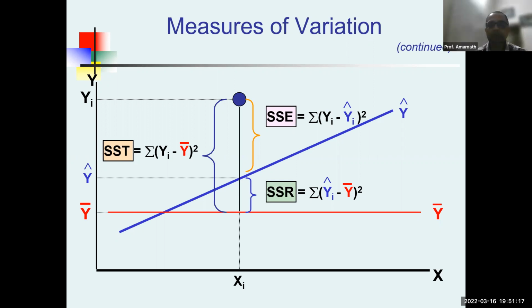The y hat, the blue line, is the line of best fit. So where will SSE come? It is the difference between the observations and the line of best fit. Total sum of squares, SST, is from the observations to the average line. From the blue line to the average line is SSR.